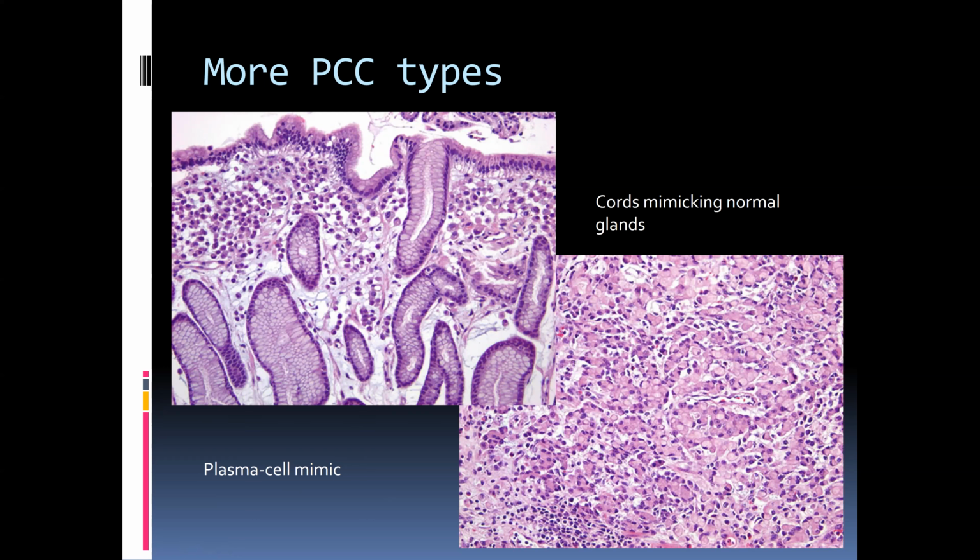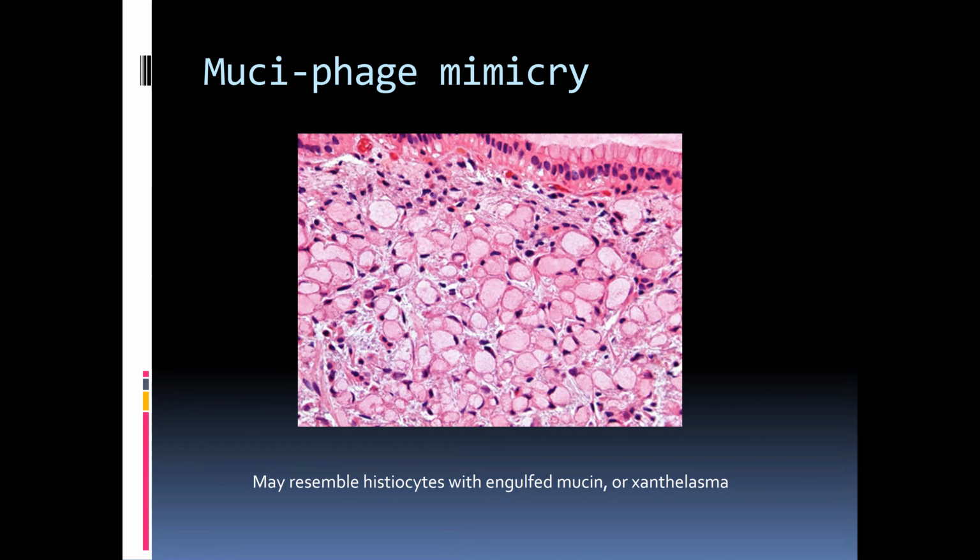Interestingly, these lesions can also mimic macrophages or muciphages, and sometimes we see that sort of xanthelasma type appearance, and when you see that, you want to make sure that you're not dealing with a poorly cohesive carcinoma.